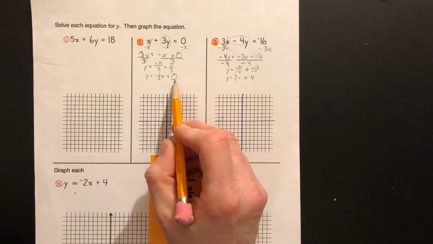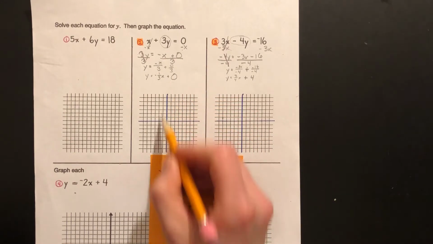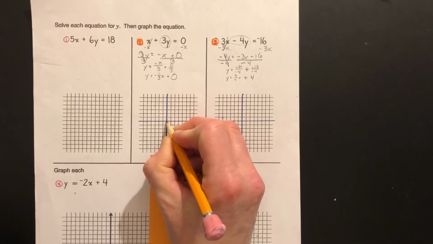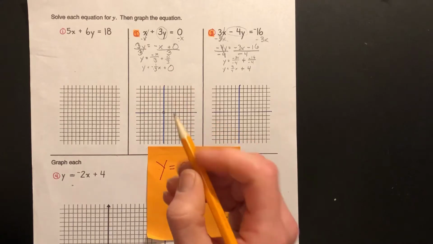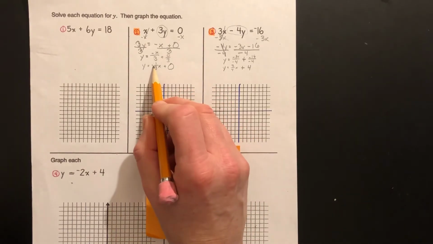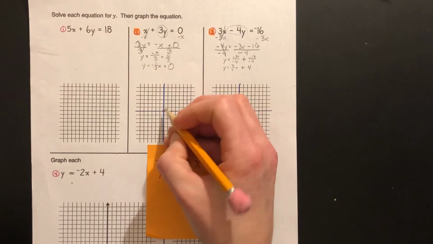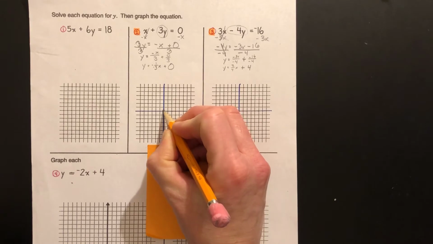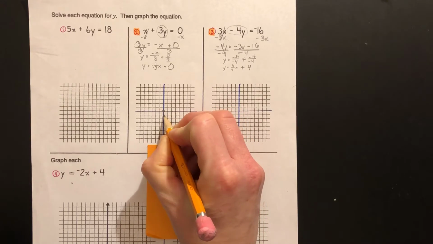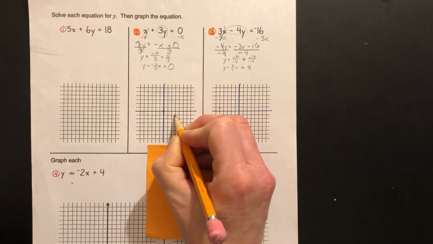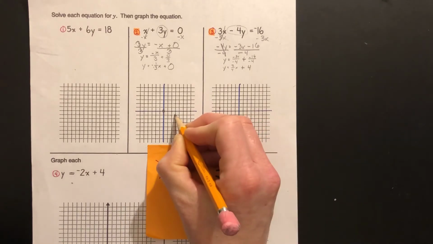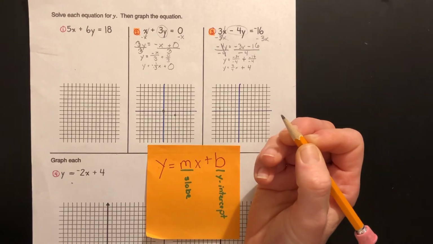So the y-intercept is 0. Here's my y, 0. Then the slope is negative 1/3. So since it's negative 1/3, I will go down 1, because it's negative I go down, and over 3. 1, 2, 3. Now I've got my 2 points, which are enough to draw a line.